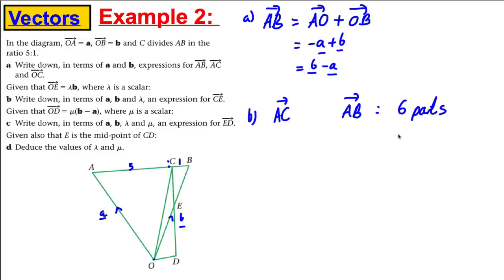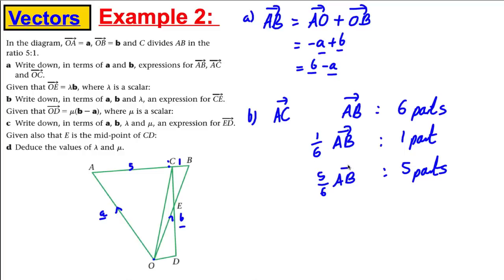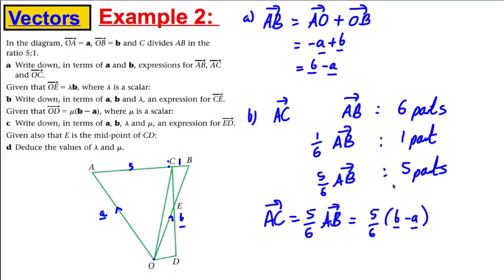So 1 part is 1/6 of A to B. And if I wanted to go 5 parts along, it must be 5 times that, which is 5/6 A to B. And we know A to B from the first part, so the answer would be 5/6 (b subtract a).